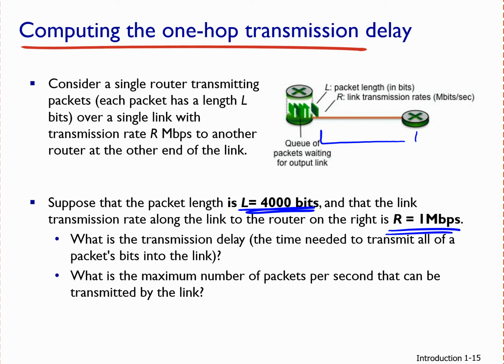So the question is, what is the transmission delay? The time it needs to transmit all of the packet bits onto the link. Remember that the transmission delay is simply moving the packets from the queue to the link, not all the way to the destination.